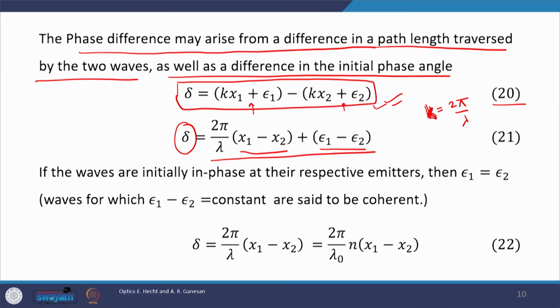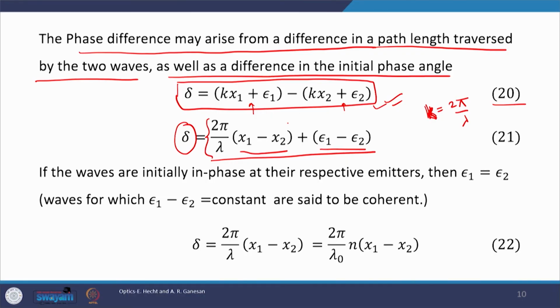What is x1 minus x2? x1 minus x2 is nothing but path length difference. x1 is the path traversed by first wave, and x2 is the path length traversed by the second wave, and x1 minus x2 is path length difference. If you multiply this path length difference by wave number, which is 2 pi by lambda, this gives us phase difference.